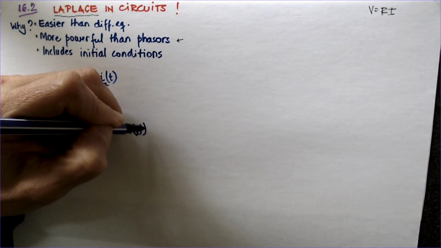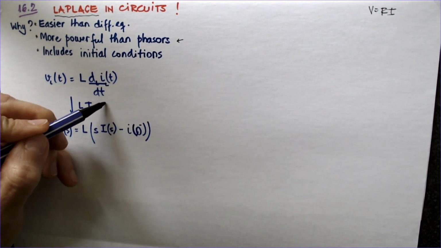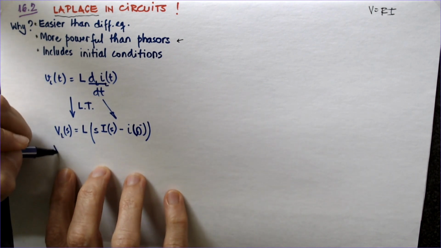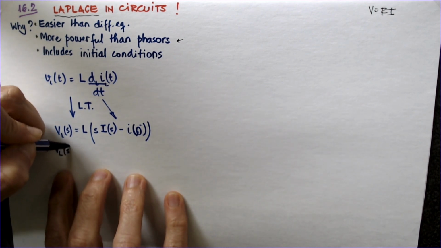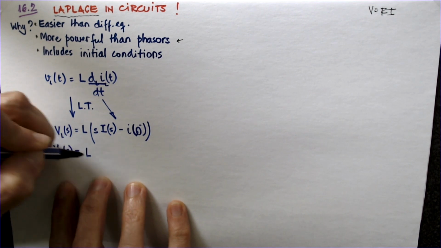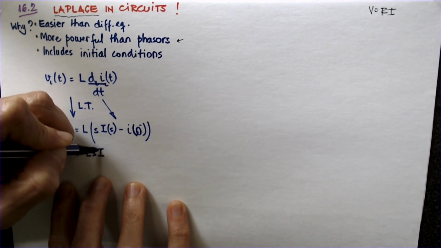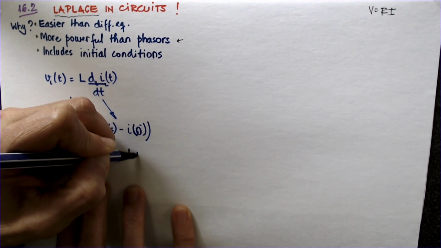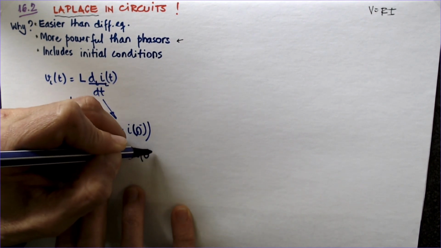And to do the derivative, then to comply with all the math that you guys learned, we're going to say the V of S is the inductance times S times I of S, which is the Laplace transform for the derivative of I of t, minus I of 0. That's the initial condition on the inductor.